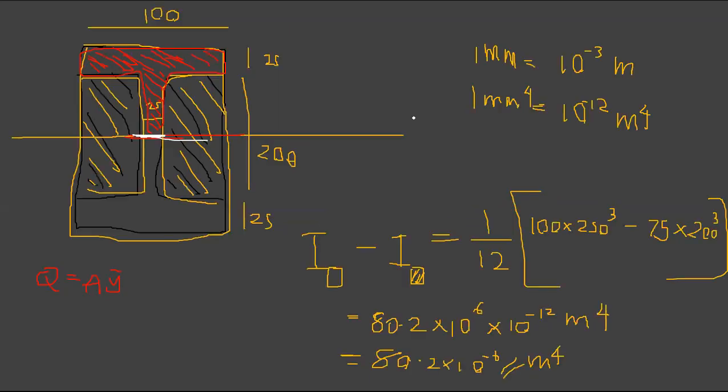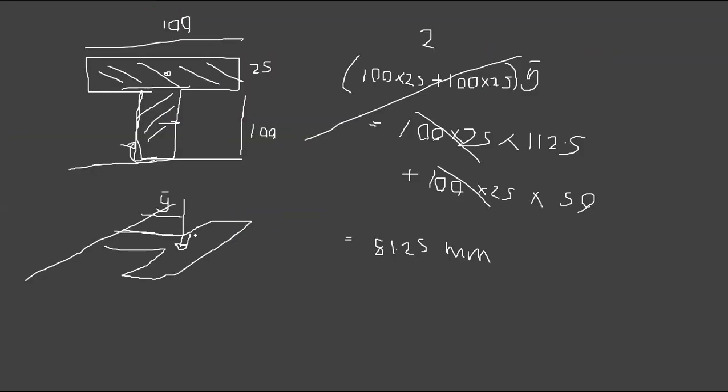So the A value, I think you know that too. So it's going to be this part. That is the area, total area. That is going to be how much? 5,000 millimeters squared. Millimeter squared means that you have to multiply it by 10 to the power minus 6.